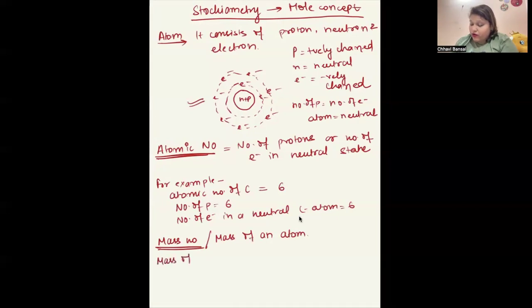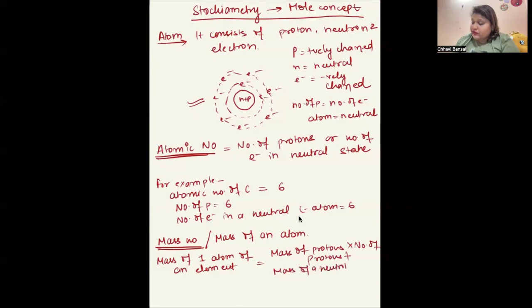Mass of one atom of an element, we can write mass of a proton into the number of protons, right? Plus mass of a neutron into the number of neutrons, right? Plus mass of an electron into the number of electrons, right?